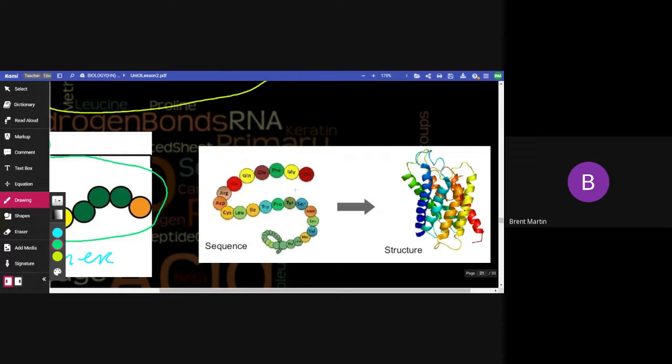I've just seen it enough that I remember it. The point is that each one of these little spheres, such as glutamine, that's what they're actually named. Each one of those things is a what? Amino acid. But if you look at the whole molecule, a sequence of amino acids, that entire thing is a what? A protein.